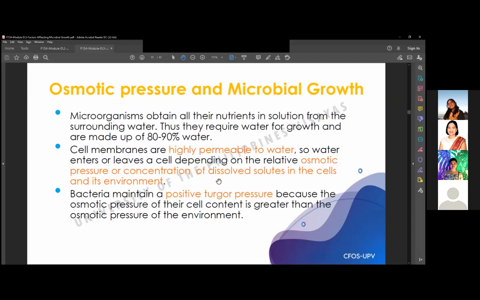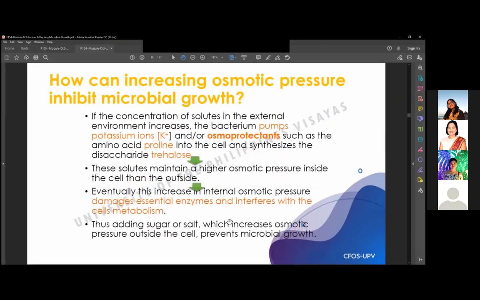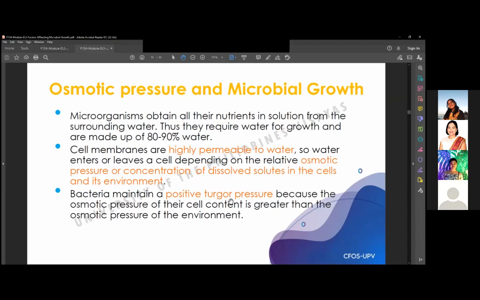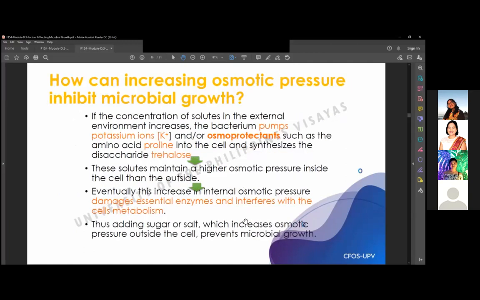So bacteria maintain a positive turgor pressure because the osmotic pressure of their cell content is greater than the osmotic pressure of the environment. So hanapin nyo ano yung ibig sabihin ng turgor pressure. Yan yung adaptation ng microorganism to survive despite the difference in osmotic pressure with its environment.